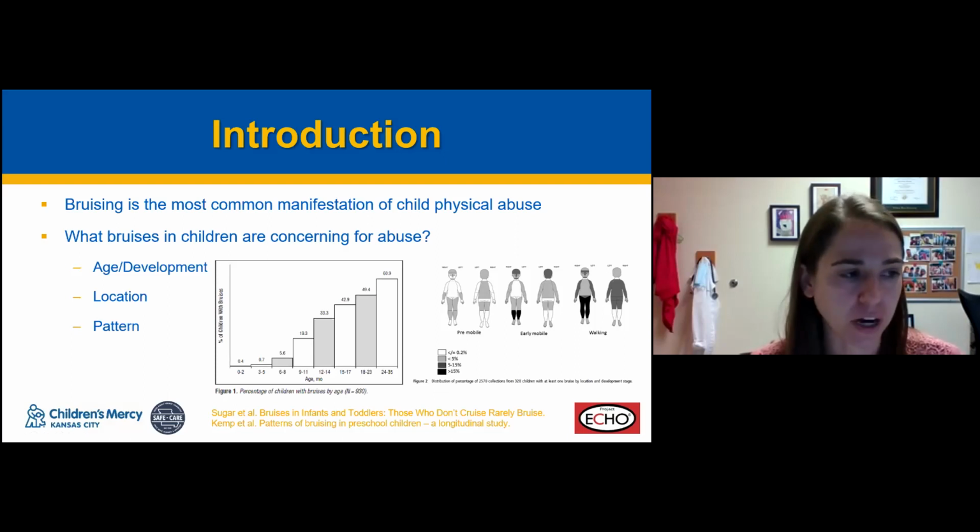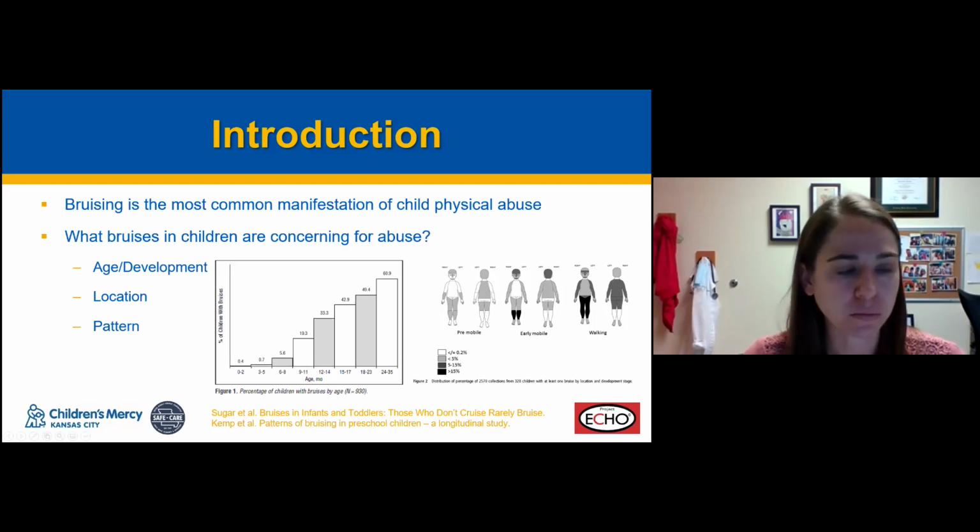Those child diagrams show the pre-mobile, early mobile, and walking kids with lighter shading indicating a lower frequency of bruising and darker shading indicating higher frequency of bruising. Their study, you can see, showed similar to the Sugar study that bruising in that pre-mobile age group was rare and increased as children began to have more mobility.